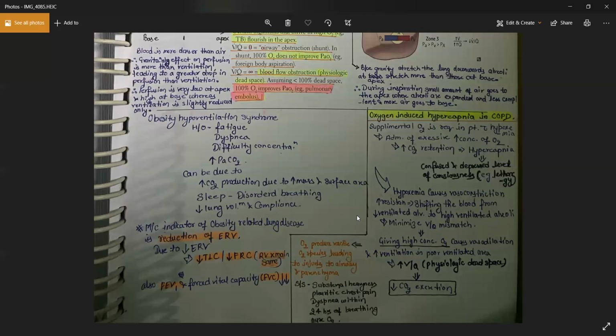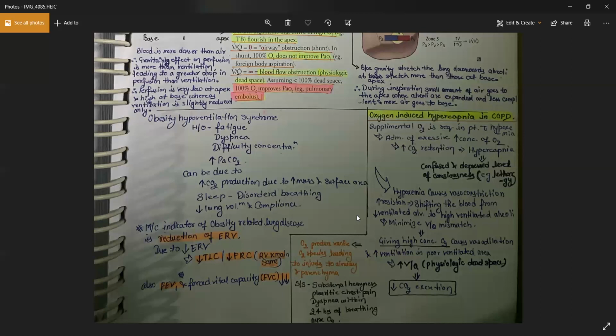But as soon as you give the patient oxygen therapy, this hypoxic vasoconstriction will be over. The vessels will dilate, but still the air is not present in those areas because of some kind of defect, some kind of damage. These areas cannot get the oxygen. But because of the supplemental oxygen, the patient is having a vasodilation throughout the vessels, right?